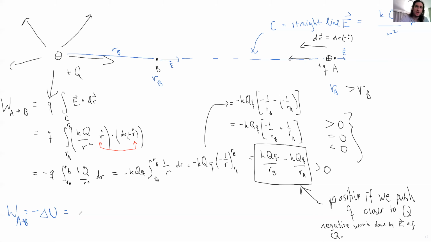So the negative of the change in potential energy is KQq over RB minus KQq over RA. And so we can see from this that actually the change in potential energy is negative. Well, how can we see that? Well, delta U is equal to minus, I just moved the minus to the other side.